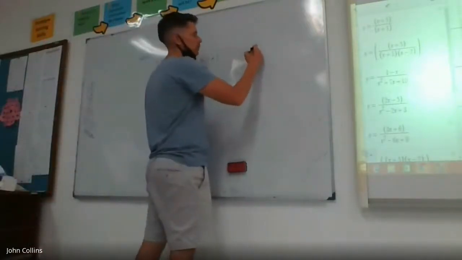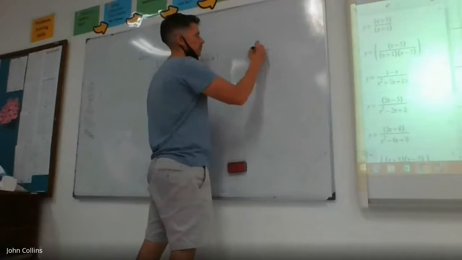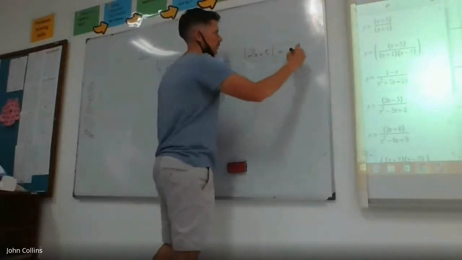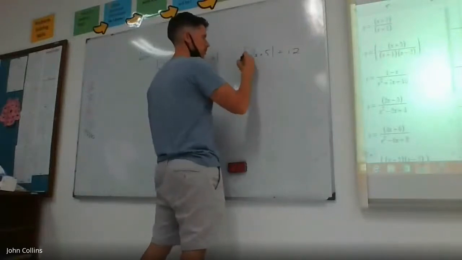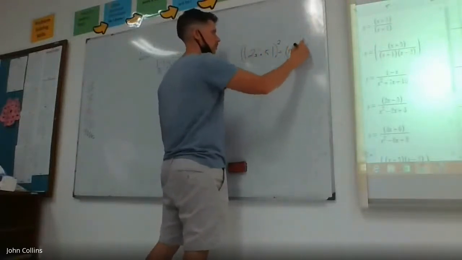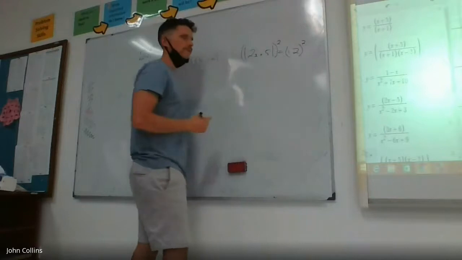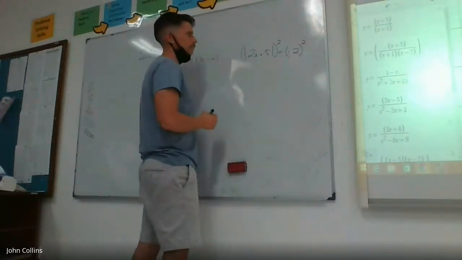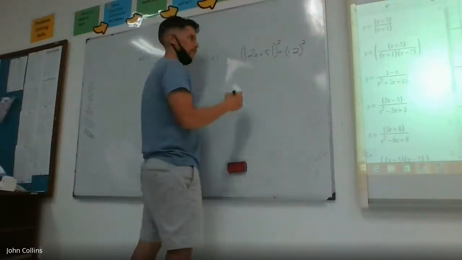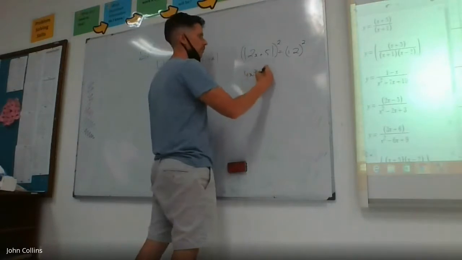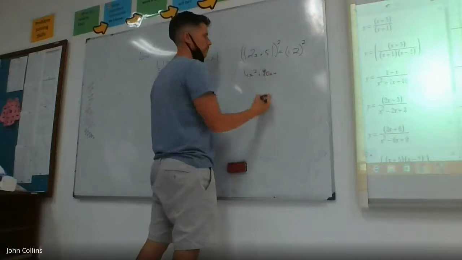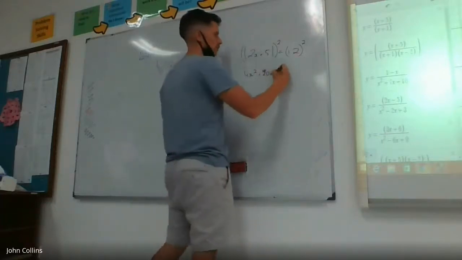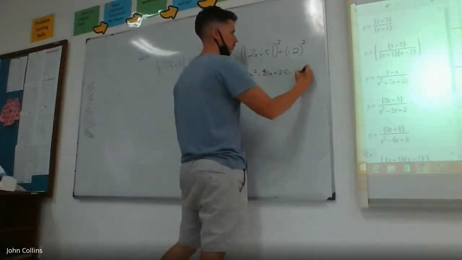Do you know when, in the previous example, I can't remember the question was, but it was something equals 12 or something like that. If I had done this, what would have happened? Okay, well, I got 4x squared plus 20x plus 25 equals 144.